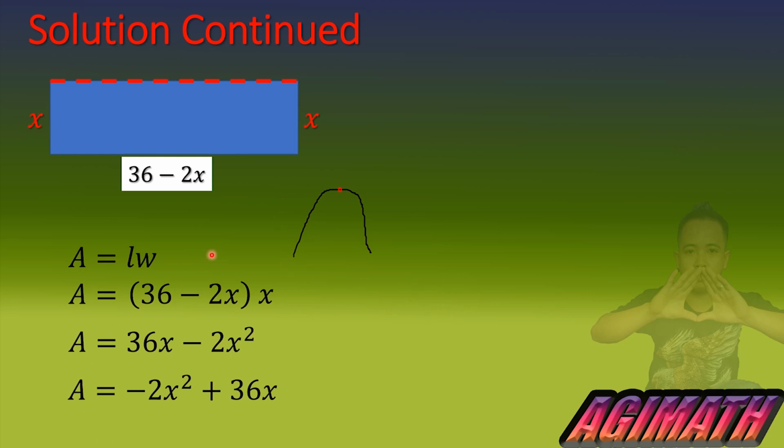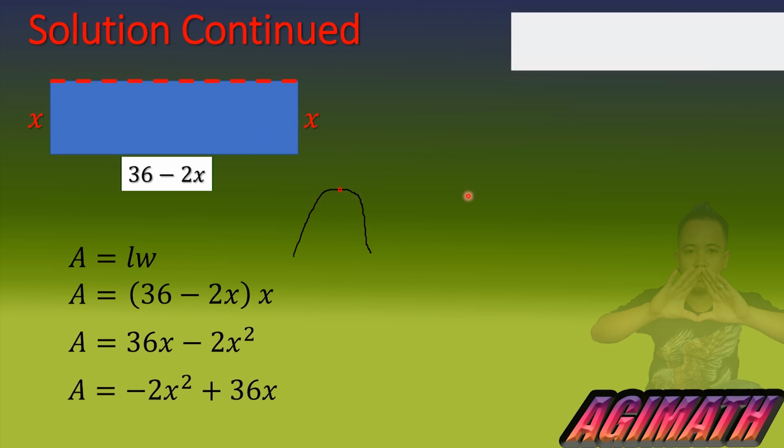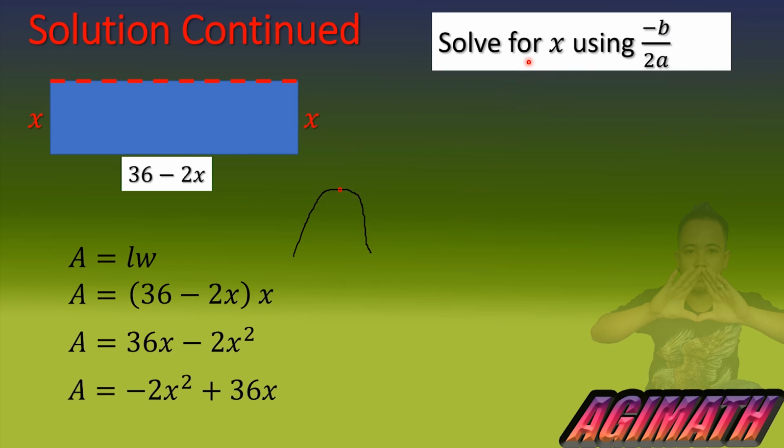But since the problem is asking for the dimensions, instead of using the formula for k, we can use the formula for h, because it is just asking for the value of x, or the h is related to x. So we solve for x using negative b over 2a.